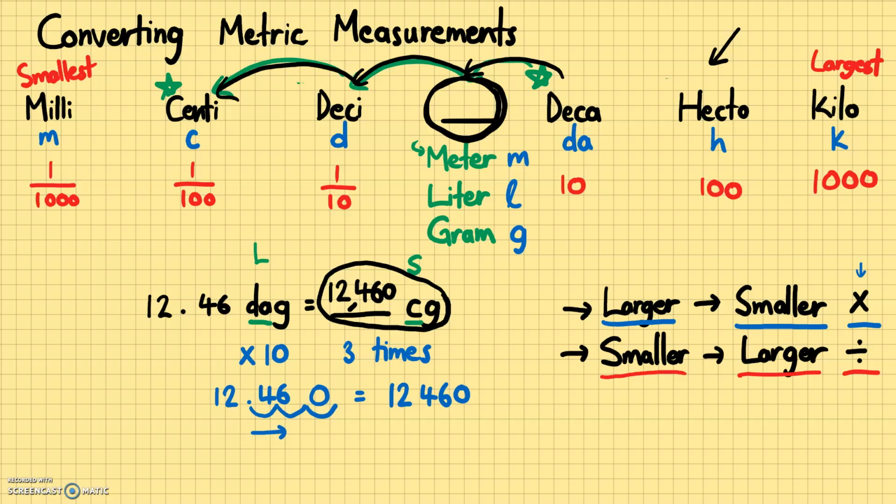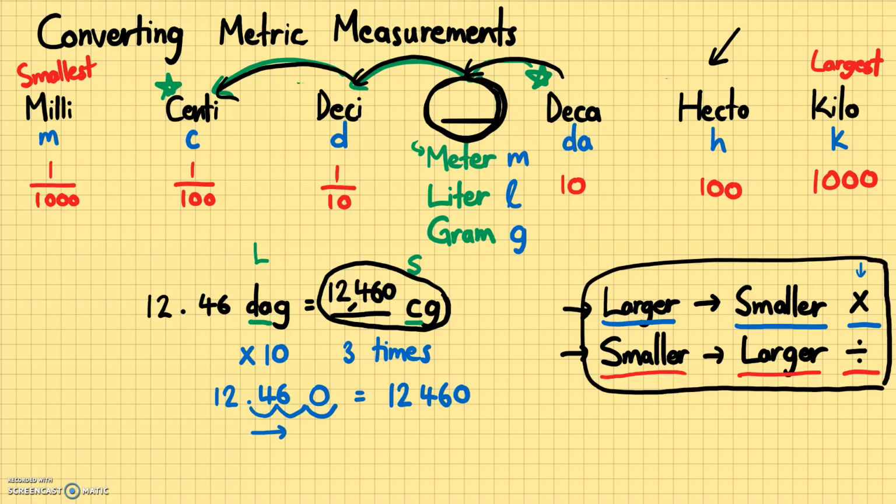And one last thing I would like to say is this rule right here should give you a hint of whether the answer makes sense or not. So for example, if you're going from a larger unit to a smaller unit, you're multiplying, right? That means your answer should be bigger than the original question.